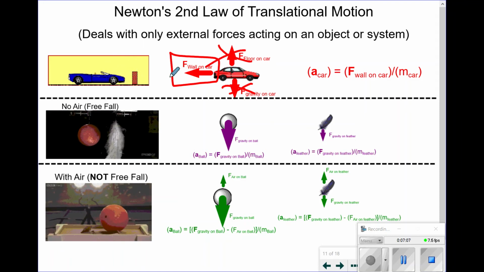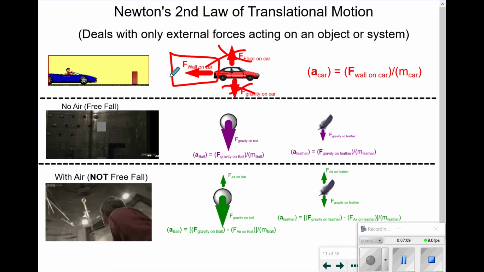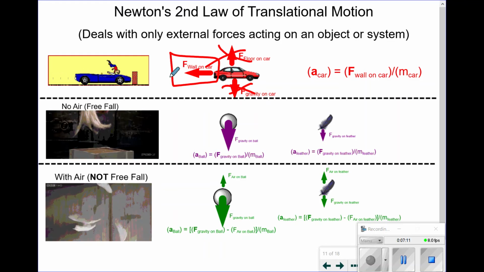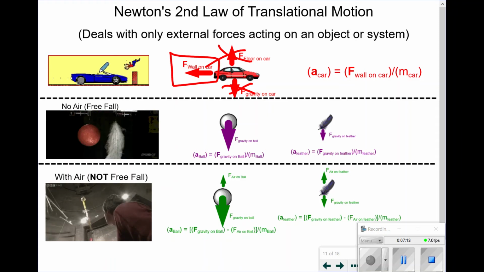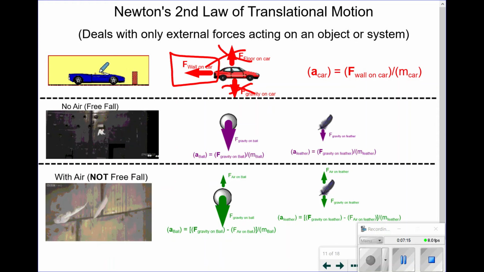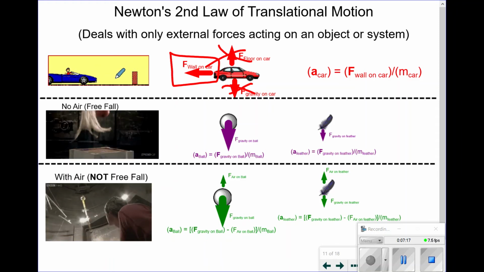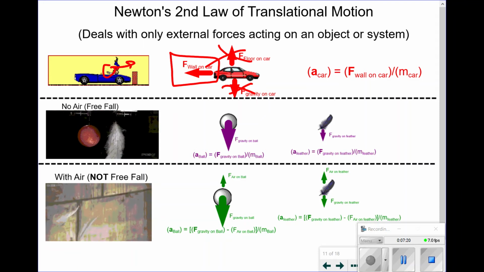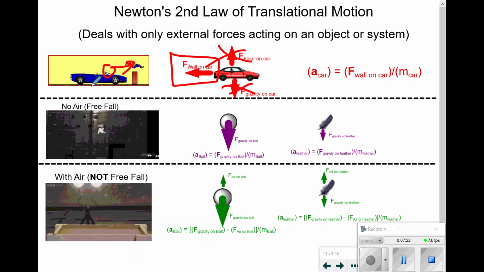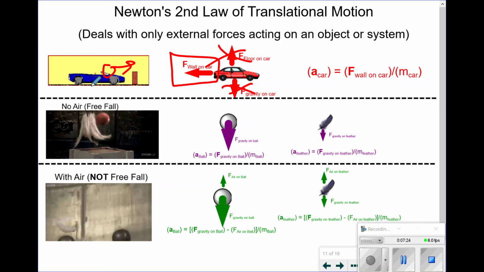That makes this pretty easy to work with. I don't have to include the person's mass because the person isn't changing their motion, so they don't count. As long as that person is moving on their own, separate of the car, I do not need to include their mass.